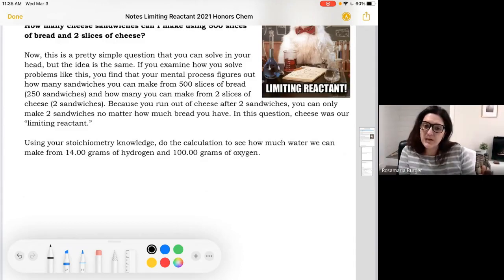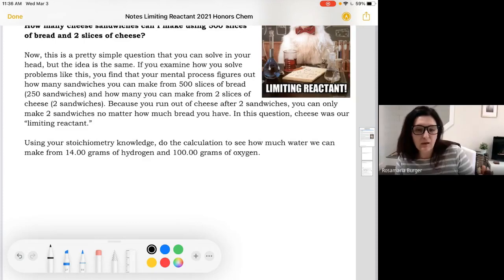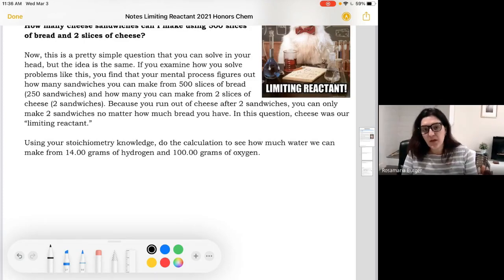No, because stoichiometry is in terms of mole ratios. That's about 14 moles of hydrogen, and if oxygen gas is 31.998 grams per mole, 100 grams is only about 3 moles of oxygen gas.